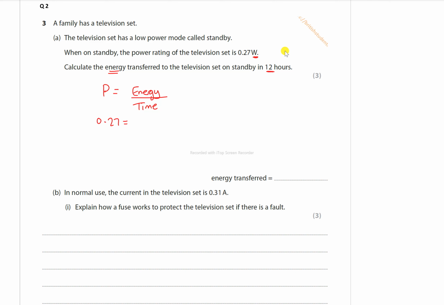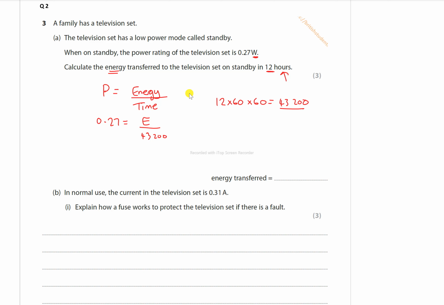Remember, with physics, it's put the values in and then rearrange it. So we'll just put E over, right, we want that in seconds. So we do 12 times 60 minutes times 60, which is 43,200 on your calculator. So 43,200, and then rearrange this.